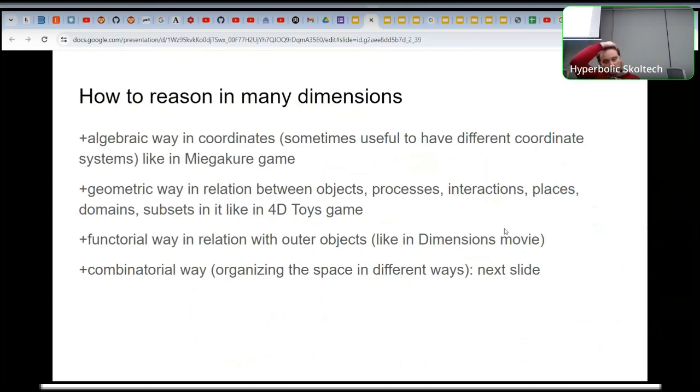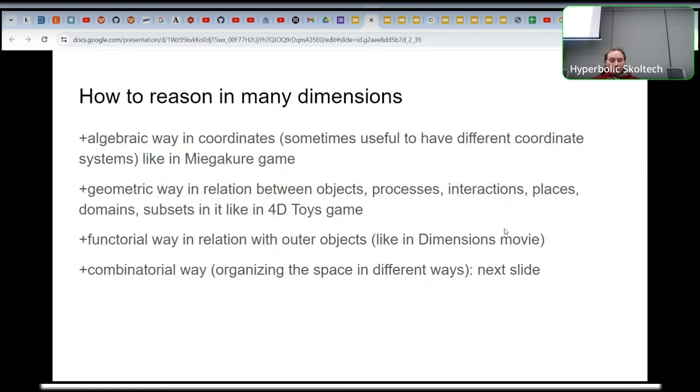Okay, just to sum up what we have studied today. There is algebra: how to reason in many dimensions. Before, we were discussing imagination of multidimensional geometry. So how to reason? There is an algebraic way, in coordinates; we have seen this in the Mega Curie game.